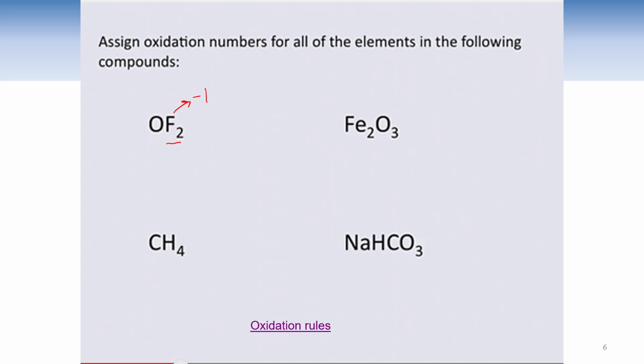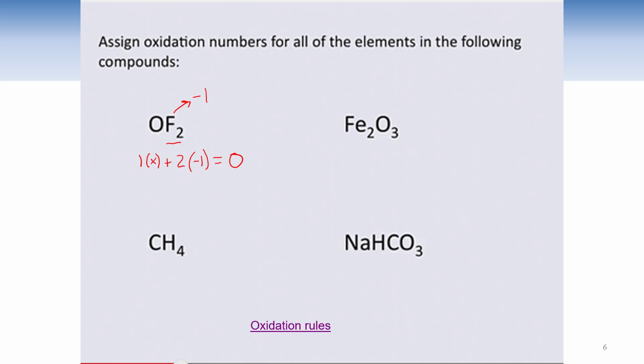Now the oxidation number on this whole compound has to add to 0. So we have one oxygen, and I'm going to put oxygen as X, plus we have 2 fluorines, and fluorine we determined to be -1, and we're going to set that equal to 0.